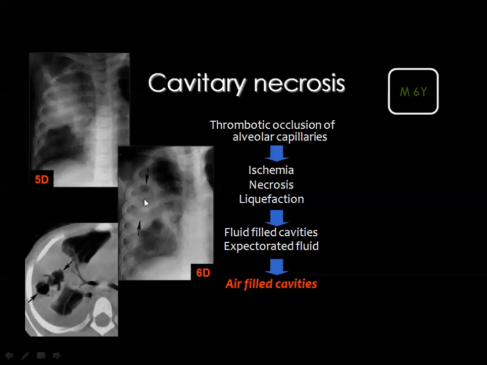This is attributed to, as the literature says, thrombotic occlusion of the alveolar capillaries, which leads to ischemia, necrosis, and liquefaction of the affected part of the lung, and this will result in multiple fluid-filled cavities. Later on, the fluid is expectorated and you are left with air-filled cavities.